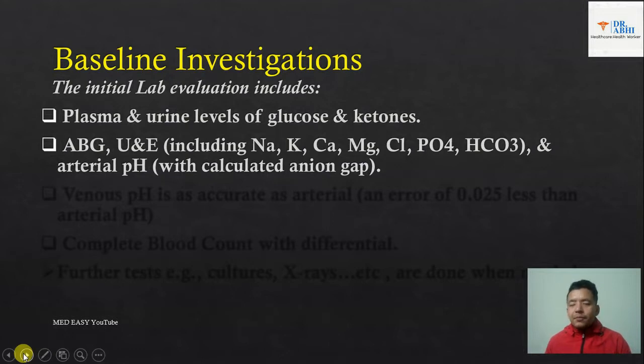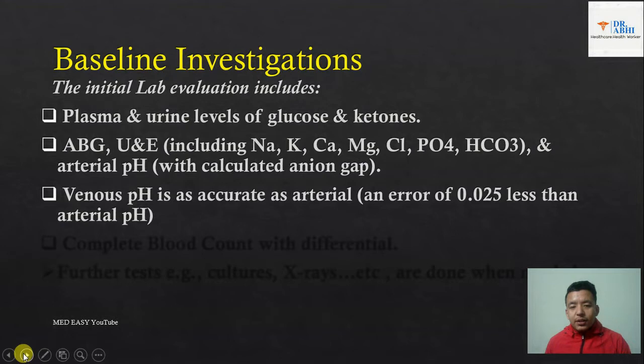If possible, we have to take the arterial pH. I do not want to say that the venous pH is lesser, but if possible, take an arterial pH. If we cannot obtain the arterial pH, we can consider the venous pH, with an error of 0.025 less than arterial pH.